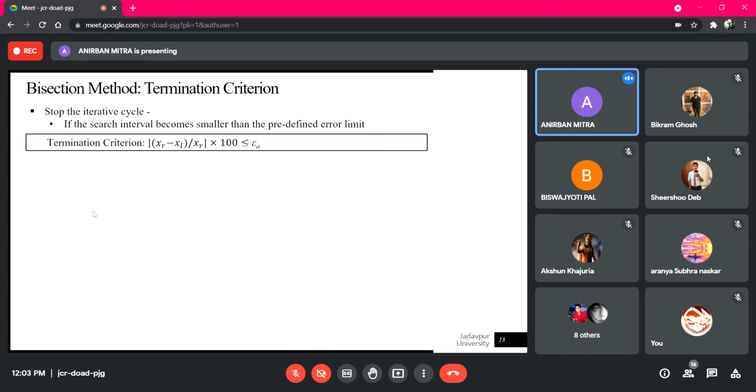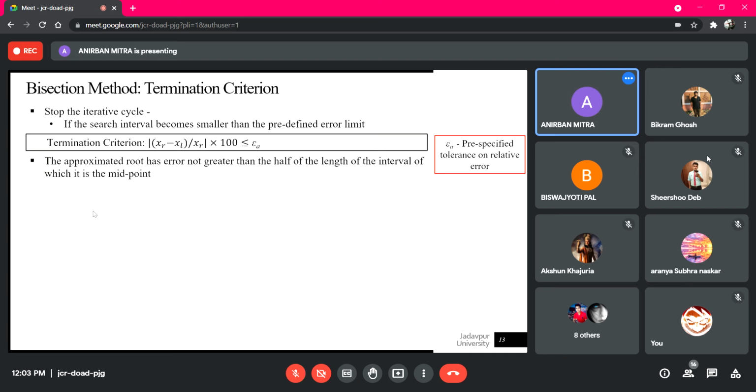We divide it by XR to get the relative approximate error, and we convert it to percentage, and compare it against a pre-specified value, where epsilon A is the pre-specified tolerance on the relative error. If this condition is satisfied, then we stop the iterations. So we have to define the epsilon A beforehand, right, sir? Yes, it has to be defined before you begin the iterations.